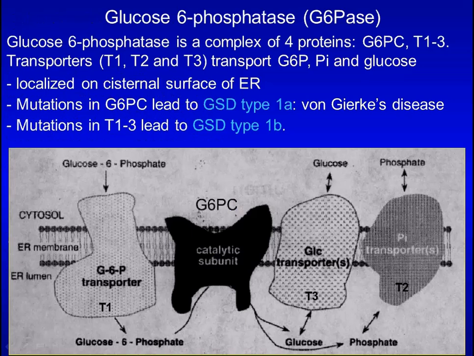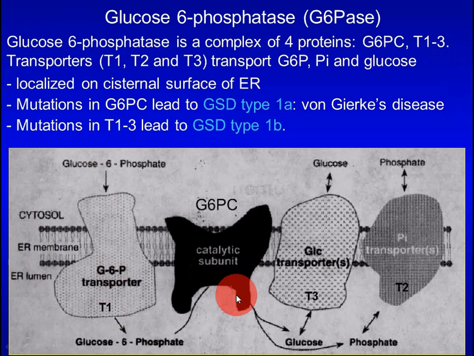Glucose 6-phosphatase is a complex of 4 proteins: 1 catalytic subunit and 3 transporters. This is the ER membrane, and this is the ER lumen. Glucose 6-phosphate is first transported into the lumen of the ER through T1. Phosphate is removed by the catalytic subunit.